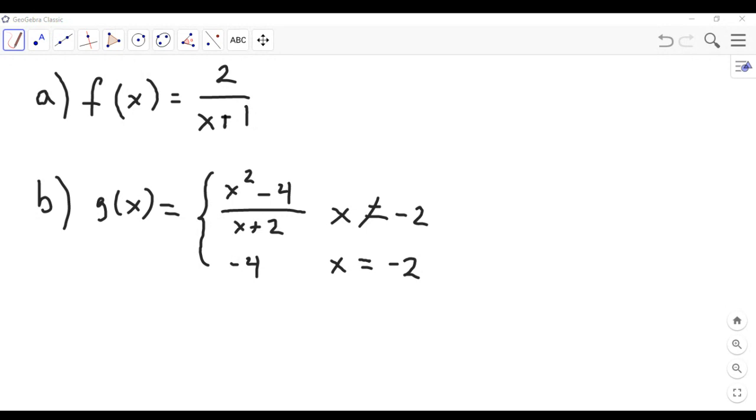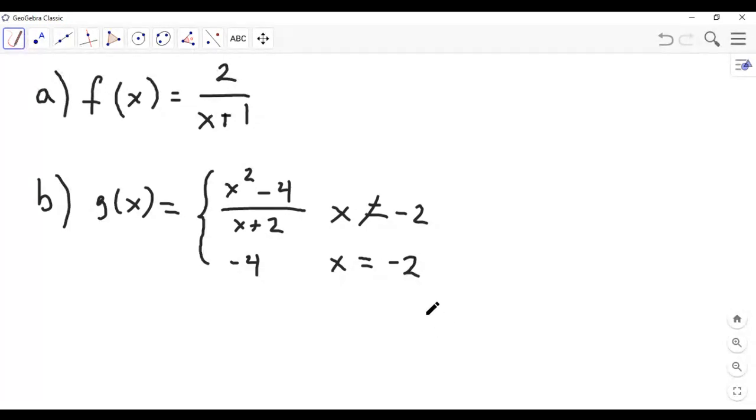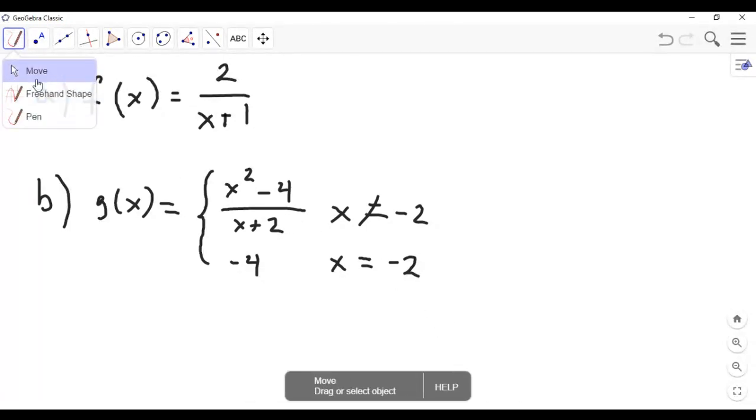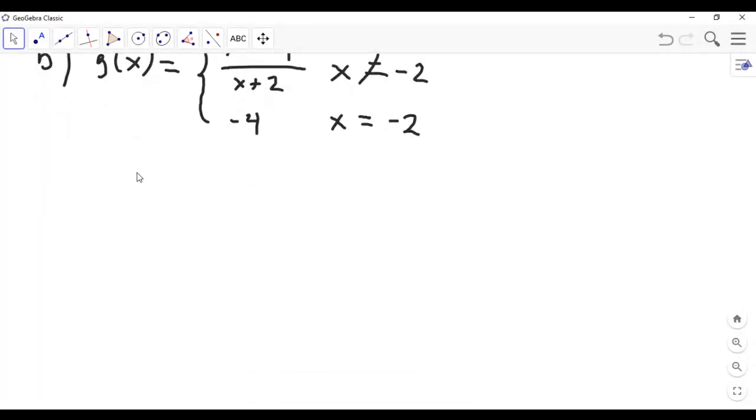Okay. So one thing that we actually learned from continuity is there is something called the intermediate value theorem.